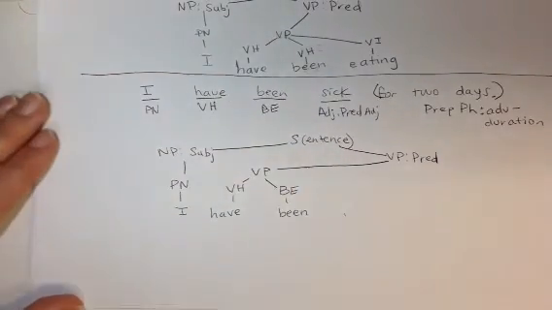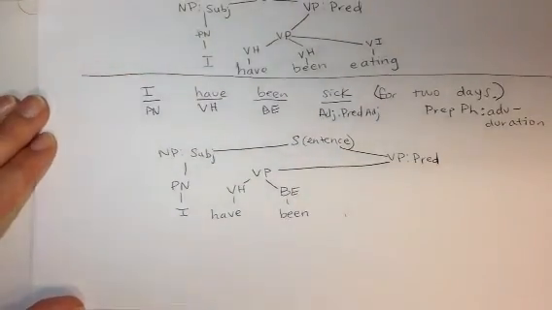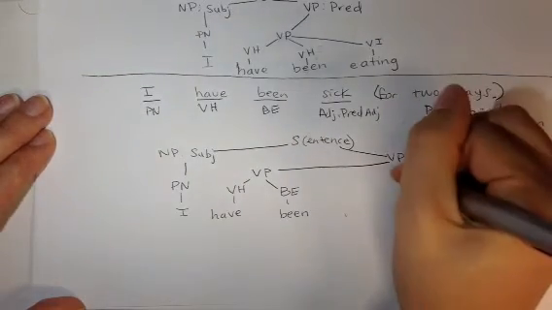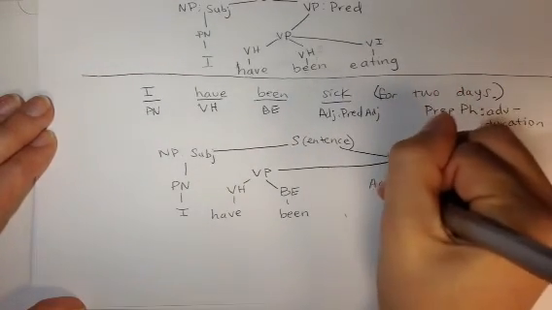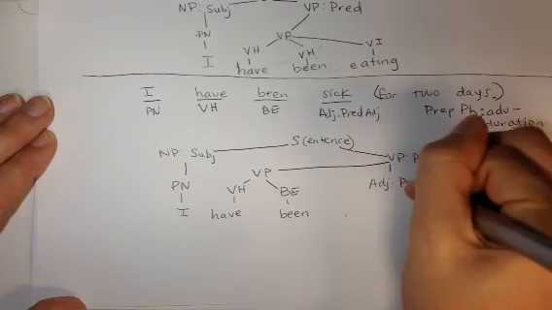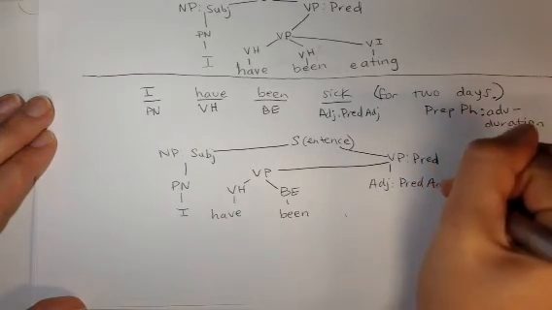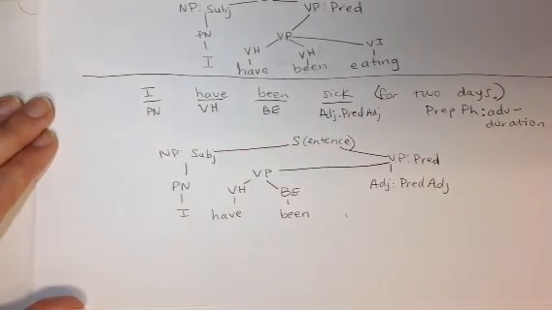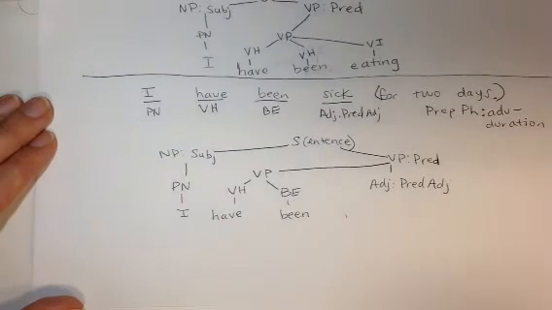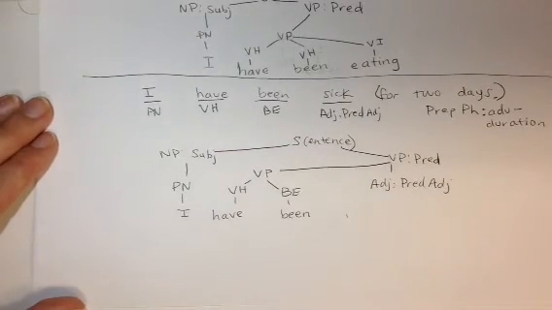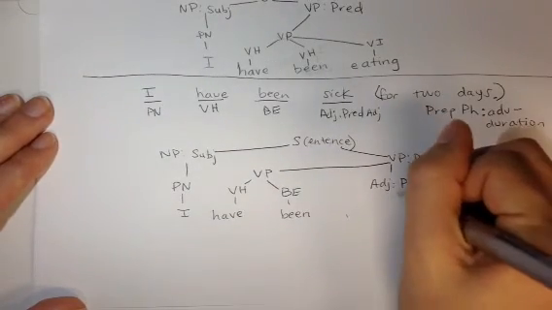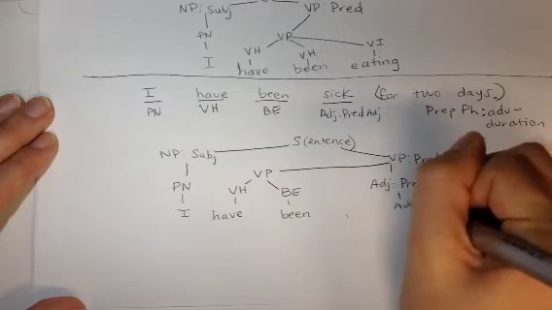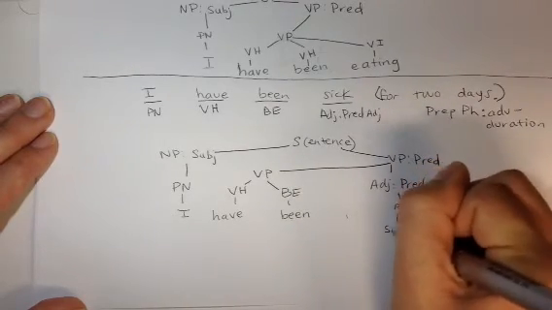Now hopefully you guys remember this. How do I write in a predicate adjective? Well, I say adjective, predicate adjective. Now if I had two words, I could put in an adverb. I have been very sick, right? So here I could say adjective, sick.